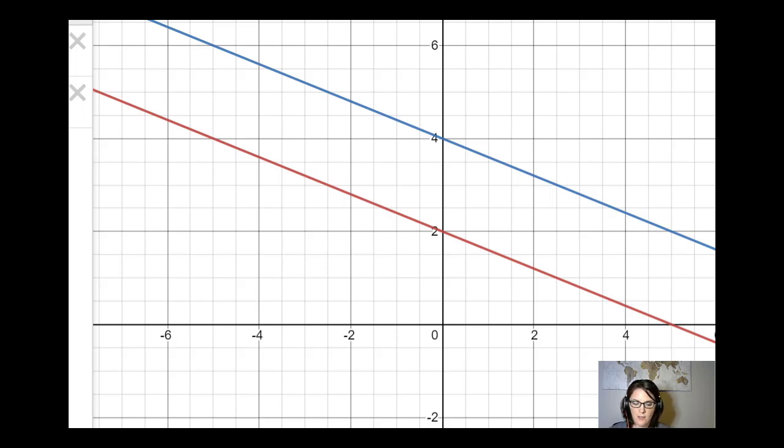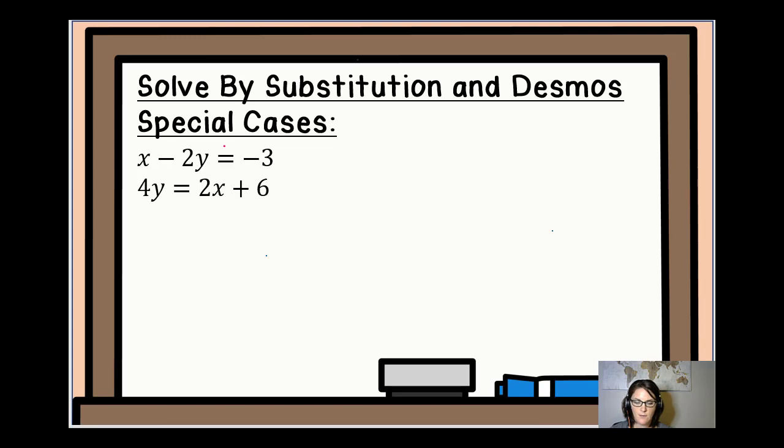Okay, let's go back and look at another example. This is our last example. x minus 2y equals -3, 4y equals 2x plus 6. We're going to start by writing 1 and 2 next to our two equations. Okay, so we're going to rearrange equation number 1 for x.